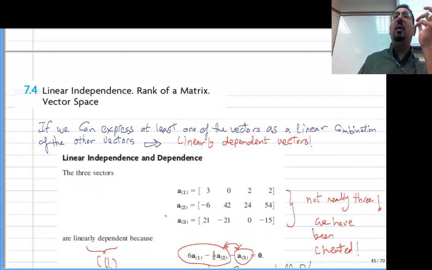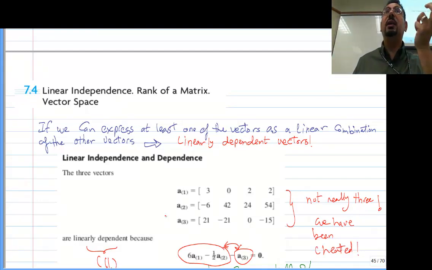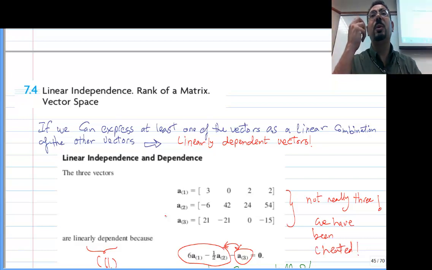So the number of linearly independent equations is the reason why we run into this problem, whether we have no solution or an infinite number of solutions. So they come up with the concept of the rank of the matrix.